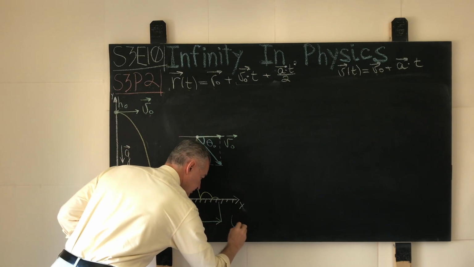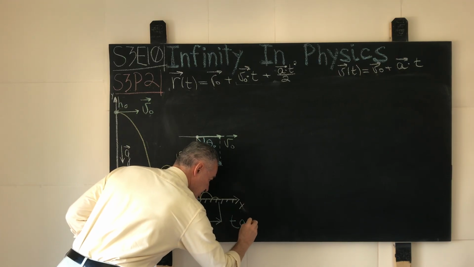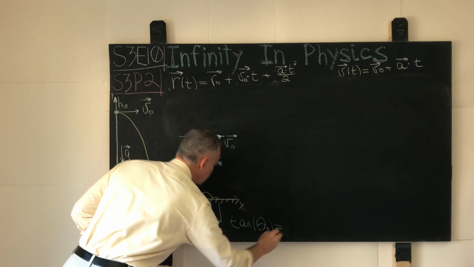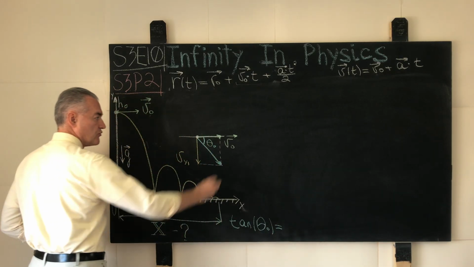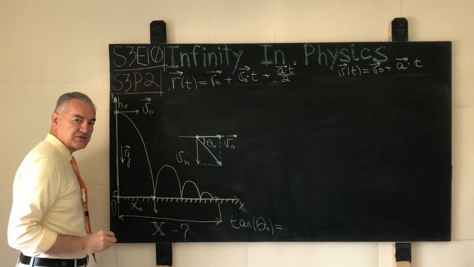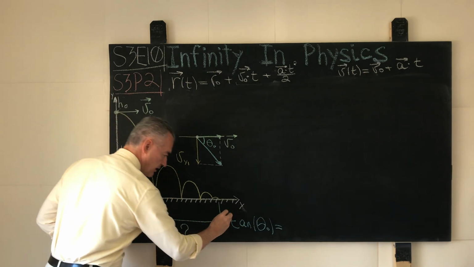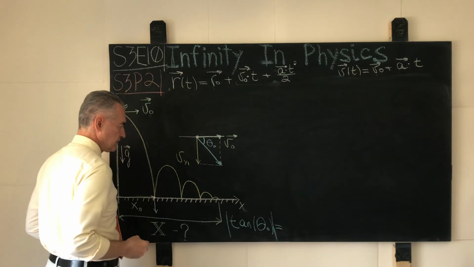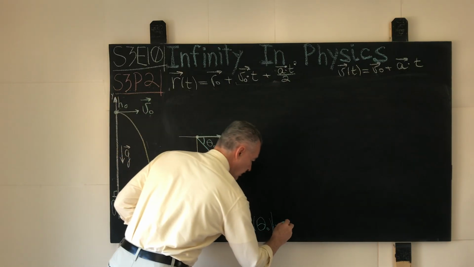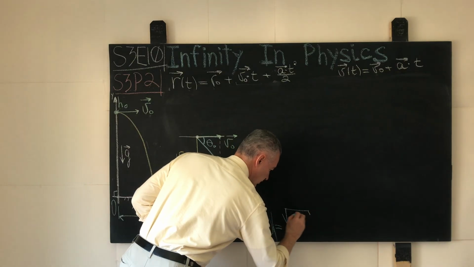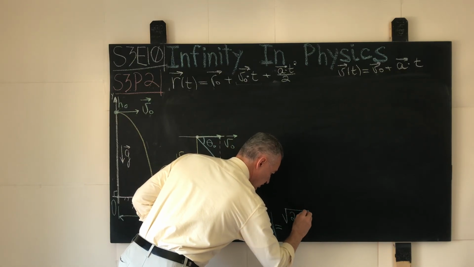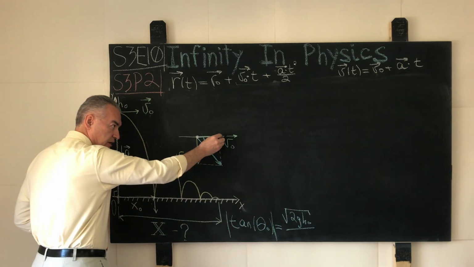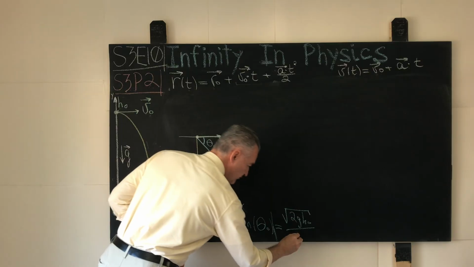Let us carefully sneak it in right here. The tangent of the angle theta 0 will be what? It is the magnitude of the opposite side, which by absolute value, let's say, so we don't have to deal with the negative signs, will be square root of 2gh0 divided by the length of the adjacent side, v0.